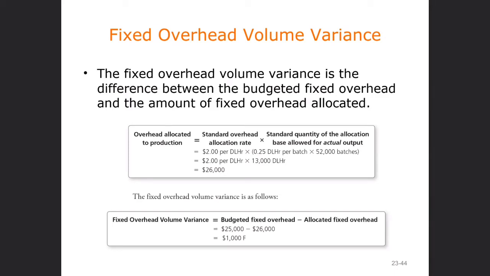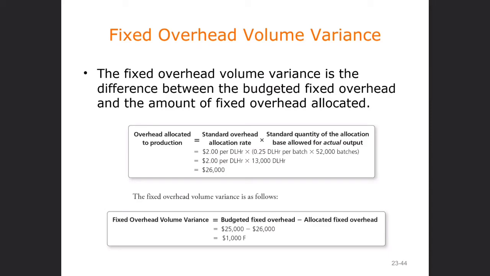In this example, they took $2 per direct labor hour times the amount of direct labor hours per batch times the number of batches, and that gave them the direct labor hours. So now we have 13,000 direct labor hours. They multiplied the $2 per direct labor hour by the 13,000 direct labor hours, and that gave them $26,000 overhead allocated to production.